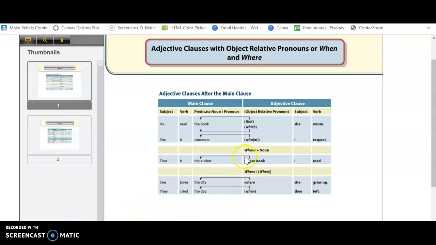In this kind of explanation, you will see that on the left, in those sentences, you will have the main clause. Here on the right, you will have an adjective clause. Basically, in each sentence, if we divide this sentence into two, we could have two simple sentences. I'll show you this example here.